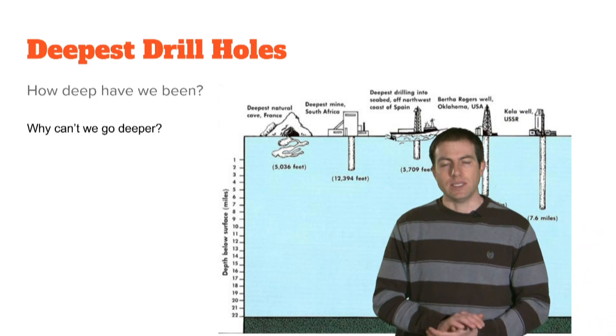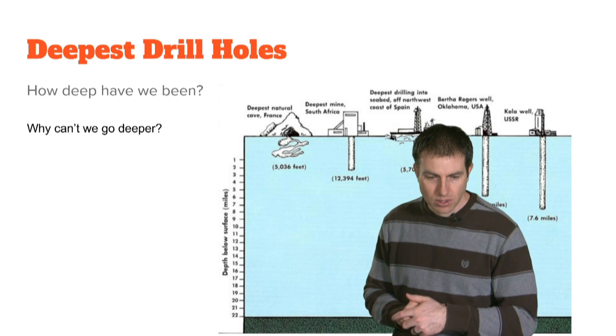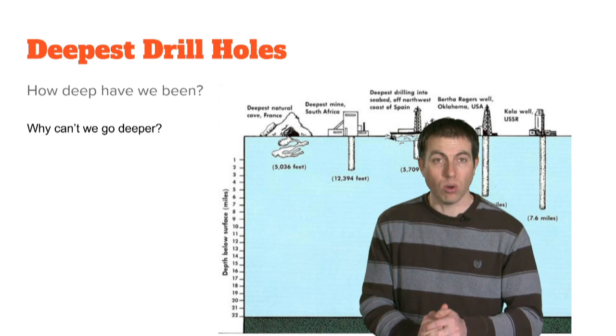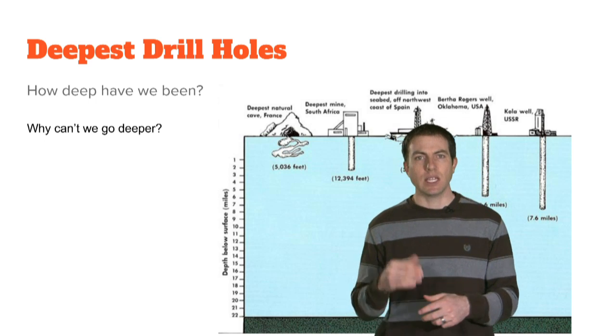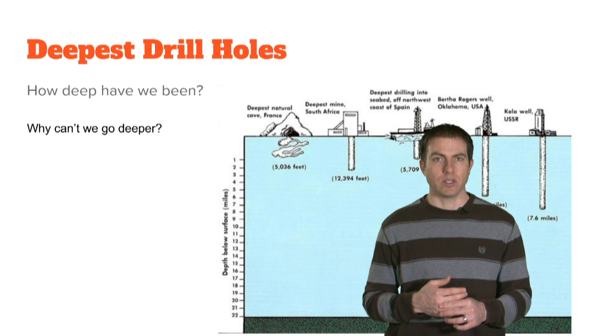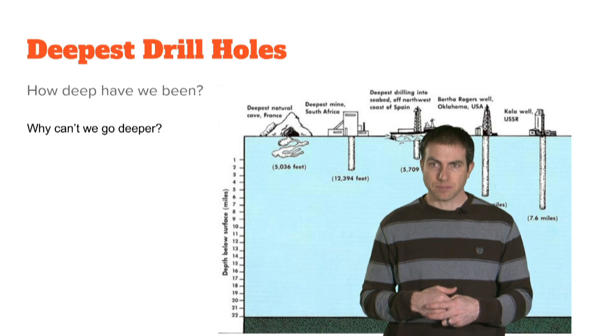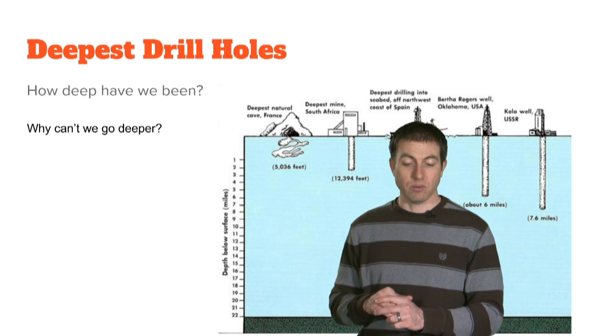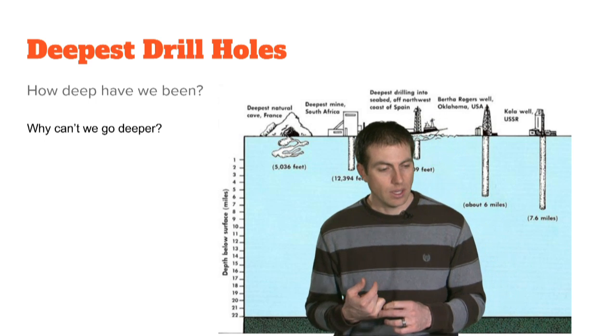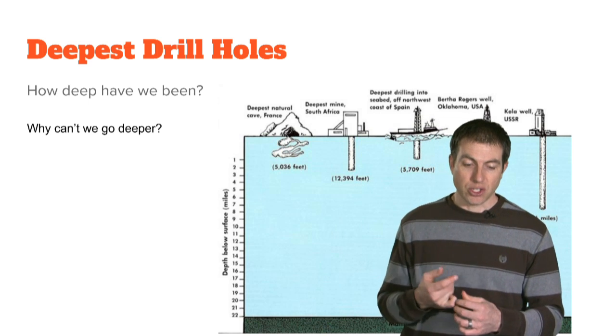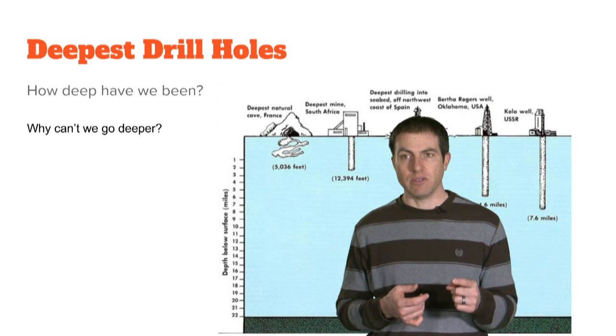Why can't we go any deeper? What's the problem? Why couldn't the USSR, with this borehole, to see how deep we go, why were they limited to 7.6 kilometers? Why could they not go any further than that? Same out in the ocean. Bedrock would be a really great guess. But we are very good at drilling through very, very hard things.